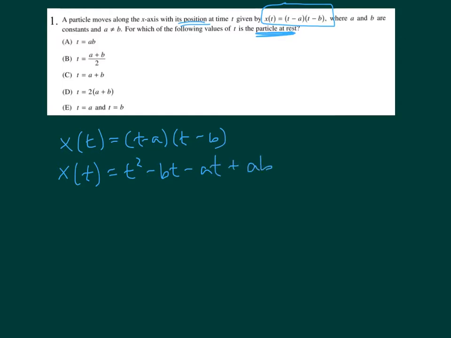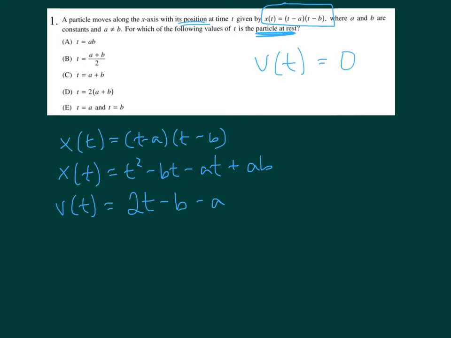Now when I take the derivative of that, it would be the velocity function. I'd get 2t. Remember b and a are constants, so the derivative of negative bt would just be negative b, and the derivative of negative at would be negative a, and the derivative of a times b would be 0. So there's my velocity function. Now, a particle is at rest when the velocity is equal to 0.